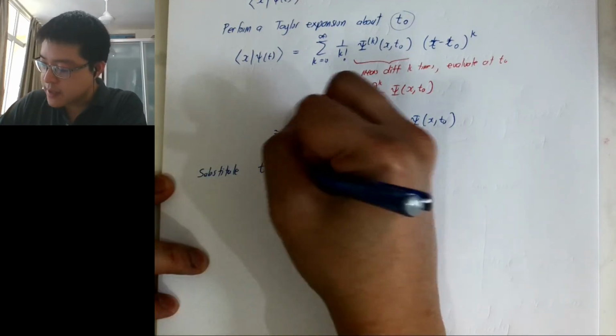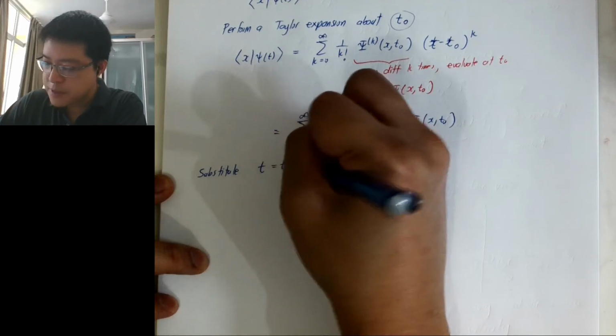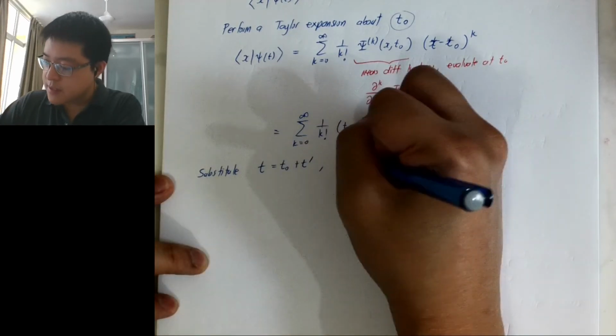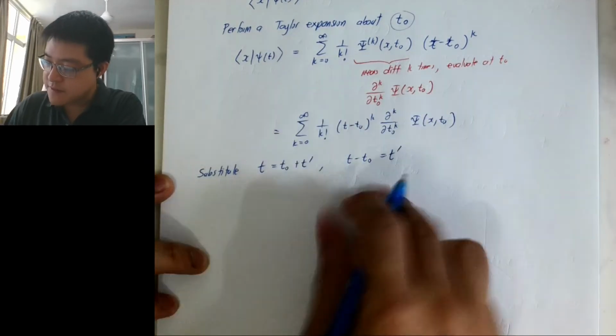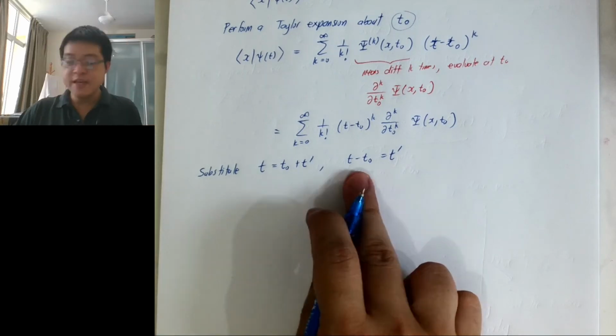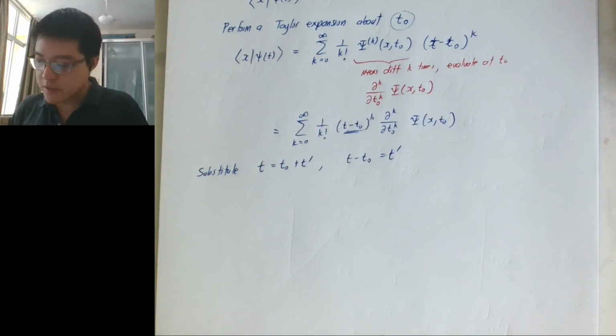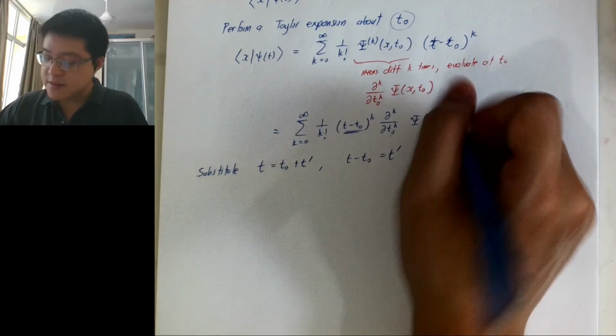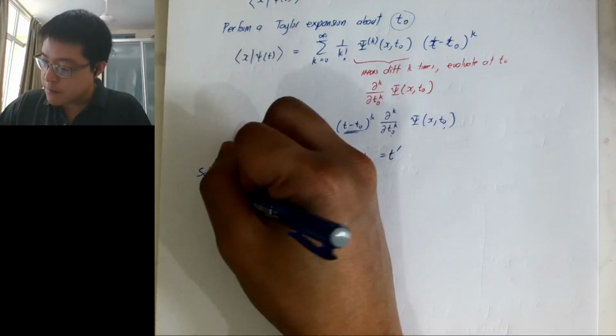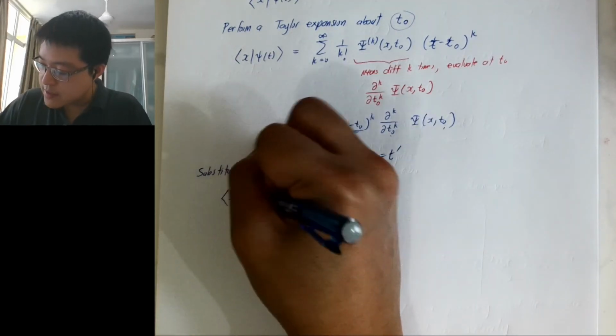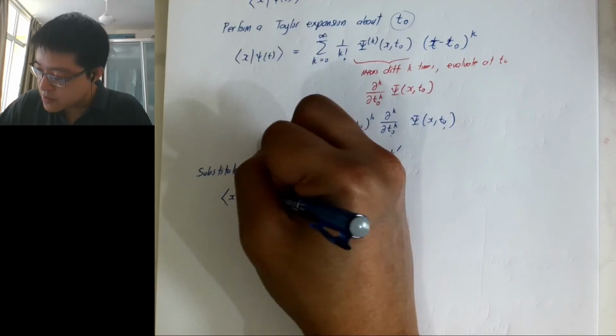I'm going to rewrite this as t plus t prime. So in other words, t minus t0 I just say is t prime, like this thing over here. Okay, t0 is still the same.